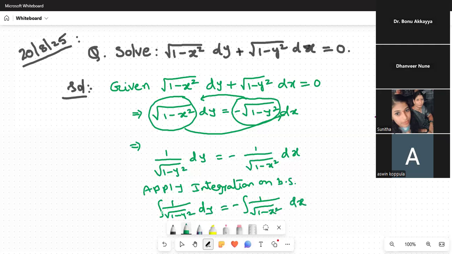In our formula, integration of 1 by square root of 1 minus y square is sin inverse y, is equal to minus sin inverse x plus c. This is our required answer.